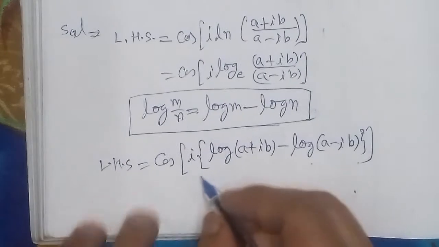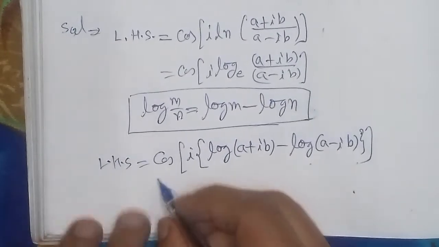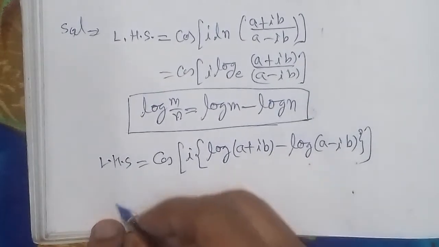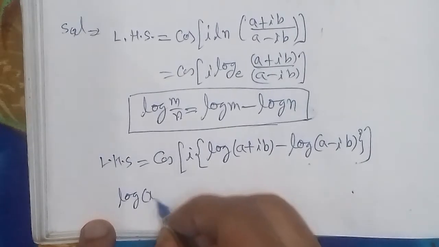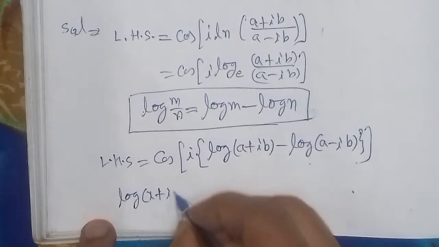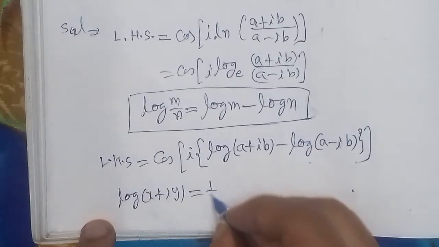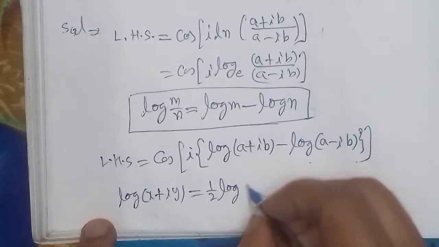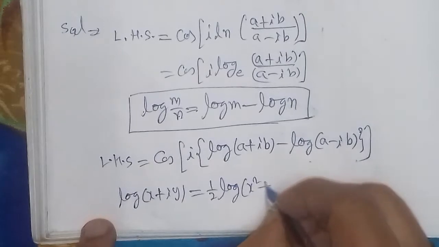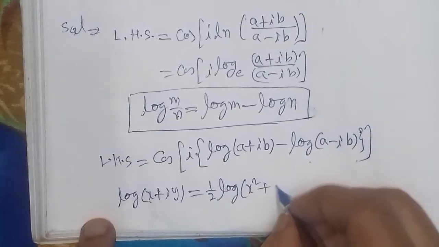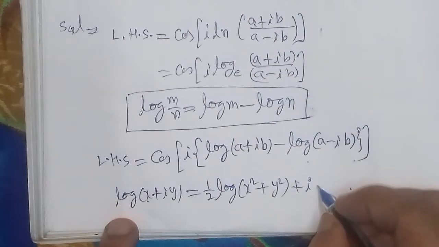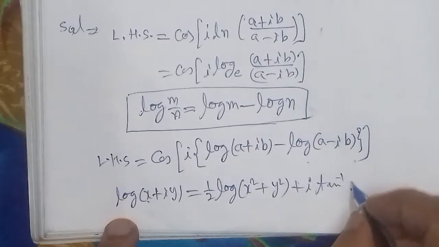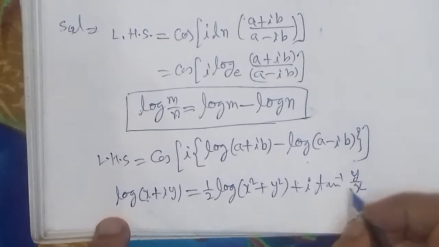Now I apply again a formula for logarithm of a complex quantity: log(x + iy) equals 1/2 log of (square of real part plus square of imaginary part) plus i times tan inverse of imaginary part upon real part.